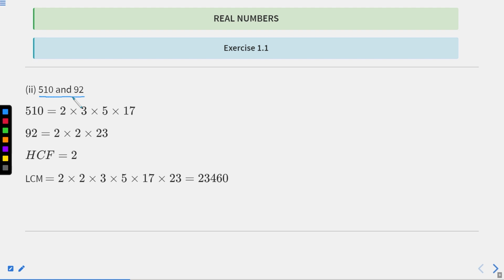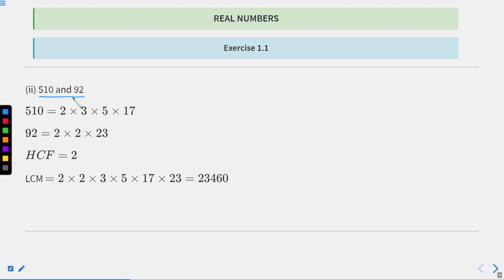If we factorize 510 as a product of prime factors, then we'll get 510 equal to 2 into 3 into 5 into 17. And if we factorize 92 as a product of prime factors, then we'll get 2 into 2 into 23.